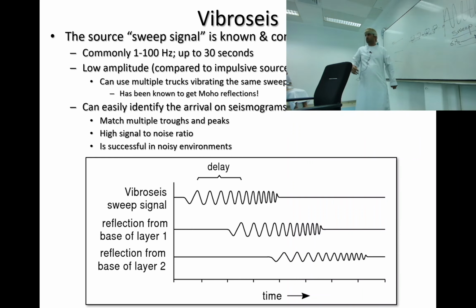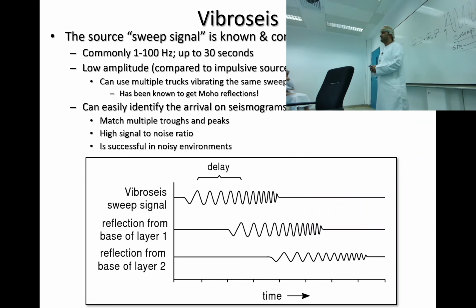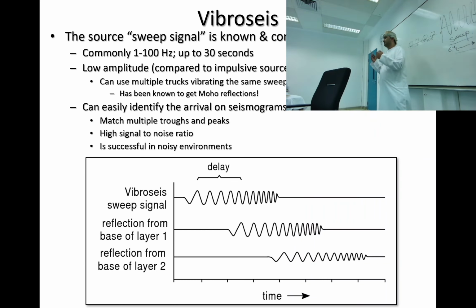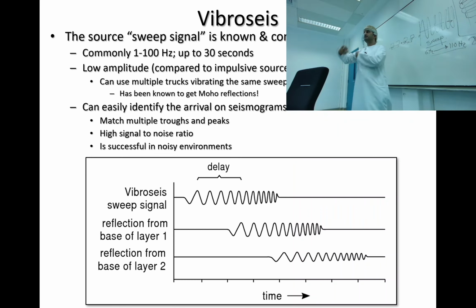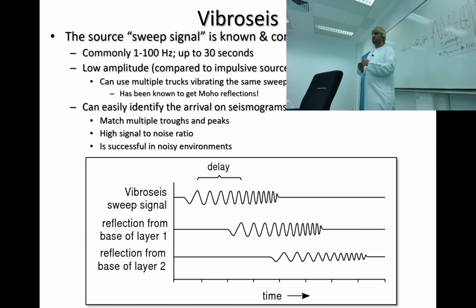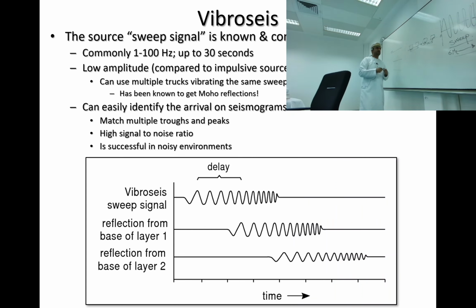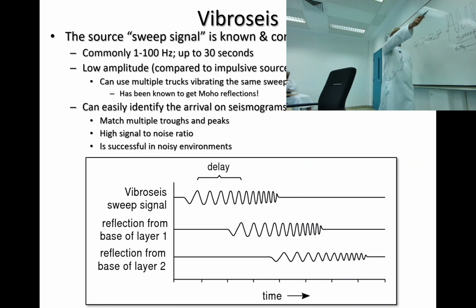Once you start running, you can start slowly, then you can increase. That's how even cars move. Cars start with slow speed, then they get faster and faster. The opposite is not possible. So the vibroseis signal is the one you see there, the first signal.